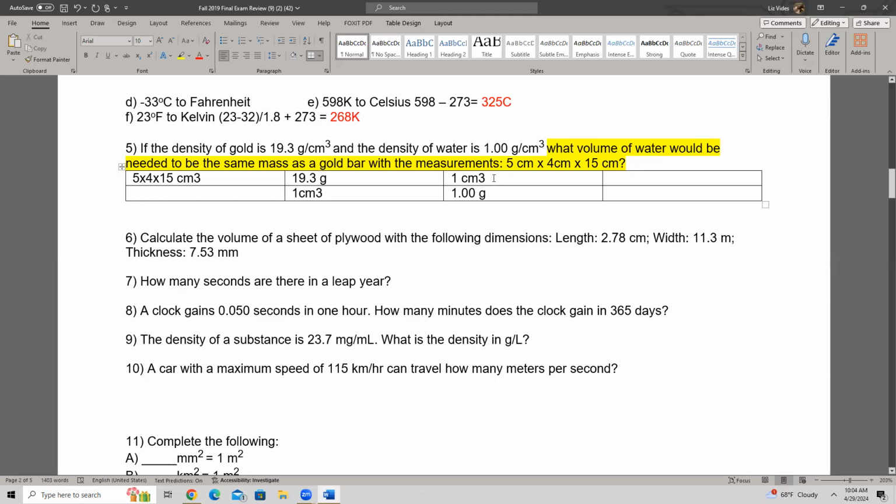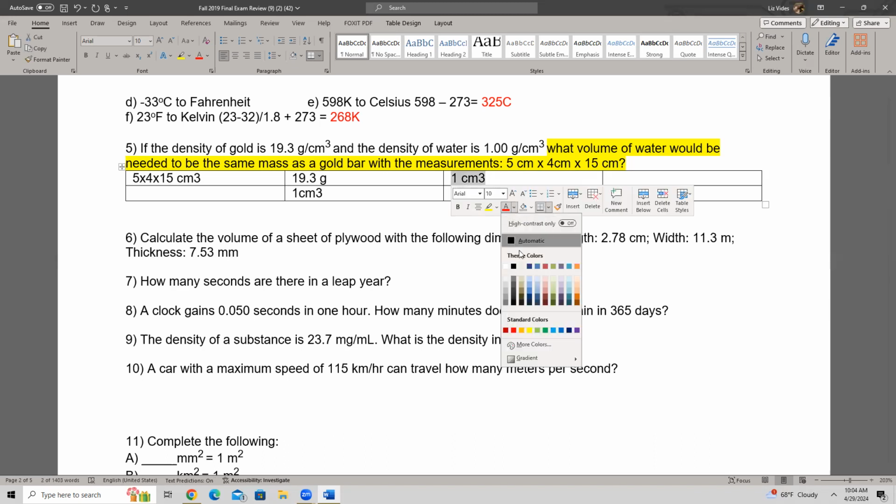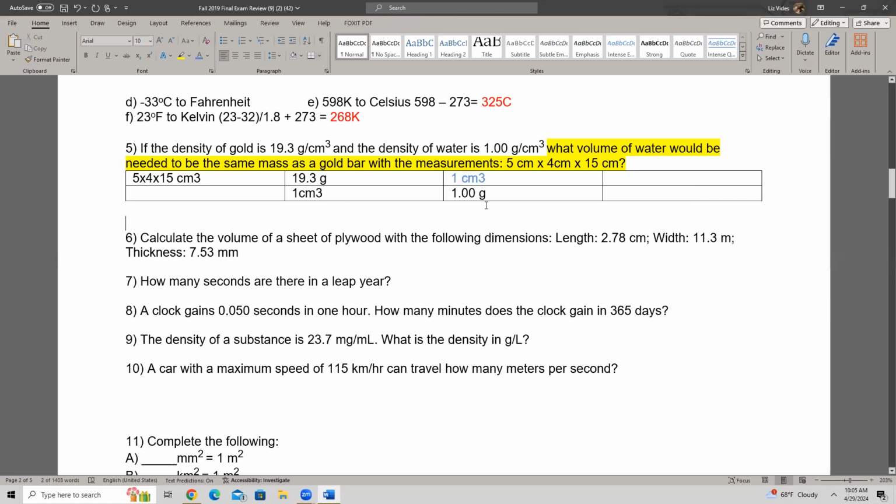Okay, so this is water. I'm going to put it in blue so that we don't get it confused with the other one. So this is what we're converting, the volume of water, now because we used that other conversion.